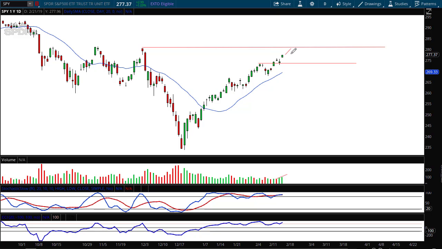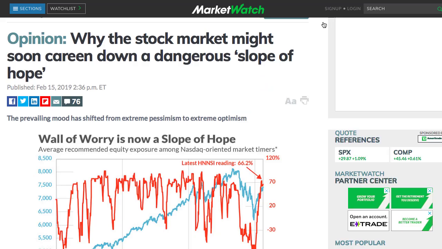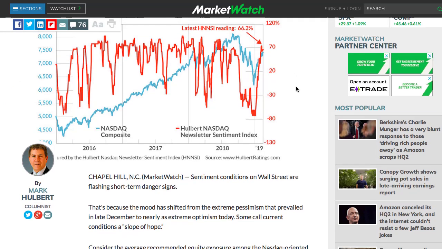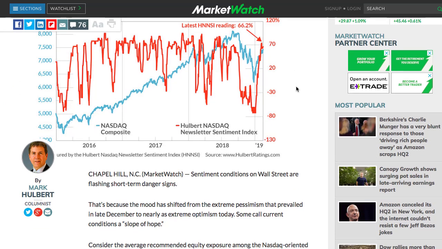I posted an article on the Market Guys Facebook page that talked about some of the dangerous indications that we're seeing, particularly for those who time the market. And it looks as though the sentiment is really showing danger signs at this particular point. There's conditions right here. Just in the first sentence, you can see what we're talking about here.